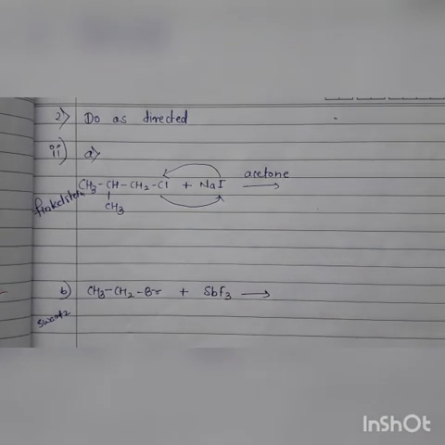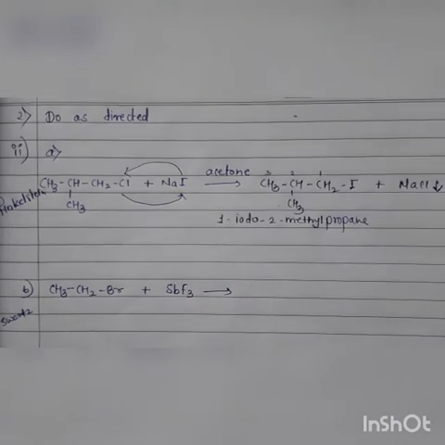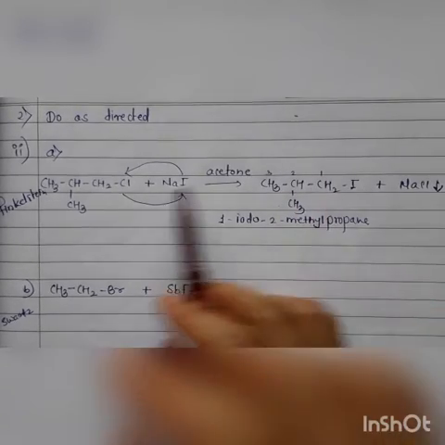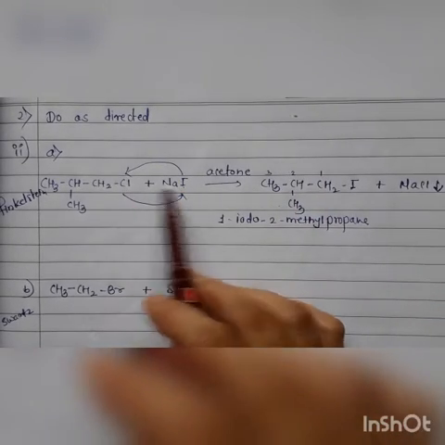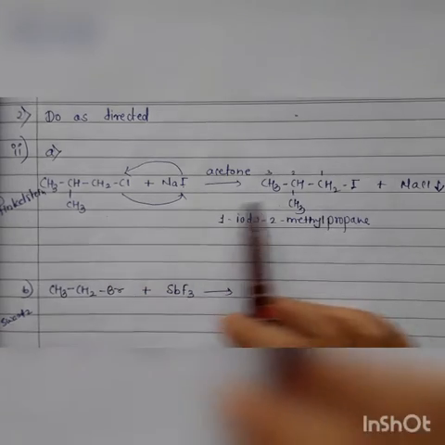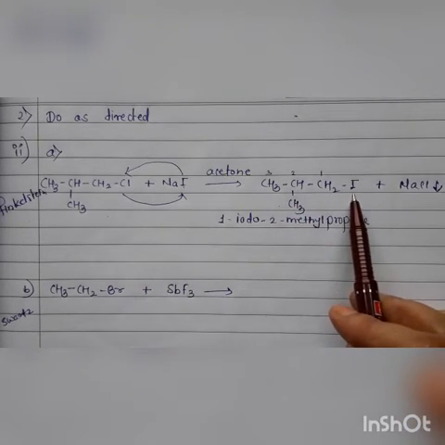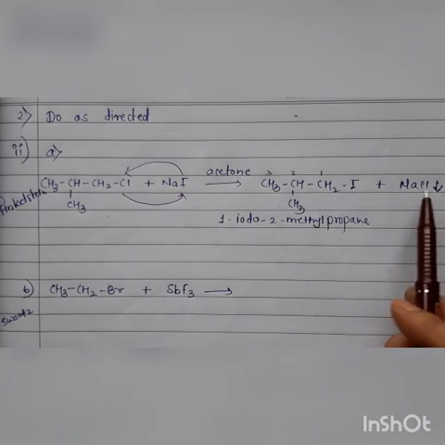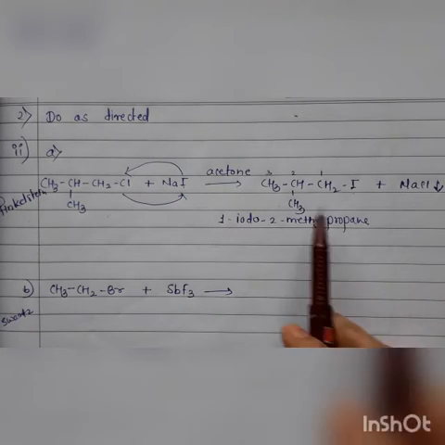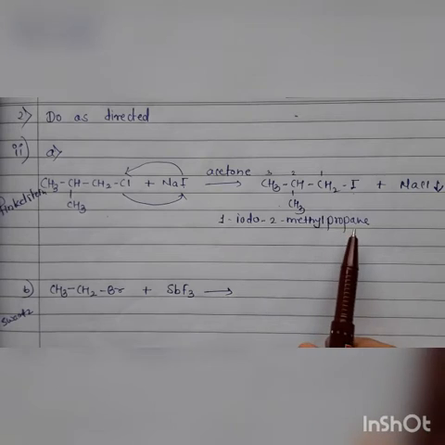So what will be the product of this reaction? So see, this is the product. Okay, in place of chlorine iodine will come. Up to here the chain will remain same. So CH3 CH CH3 CH2I. Okay, and this sodium will react with chlorine, so sodium chloride will form. Now we have to write the IUPAC name of this compound.